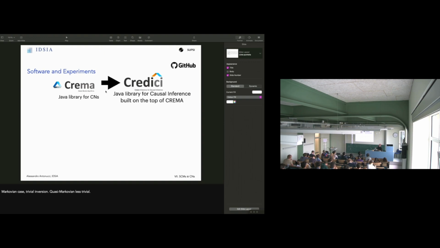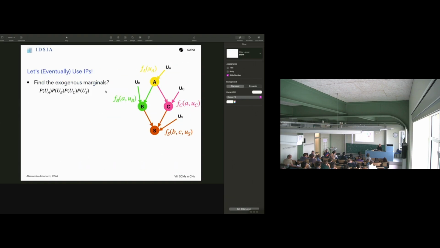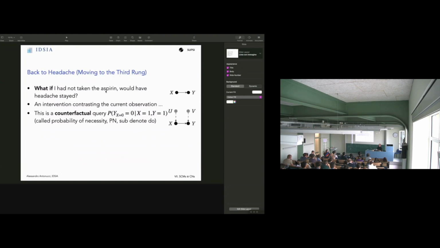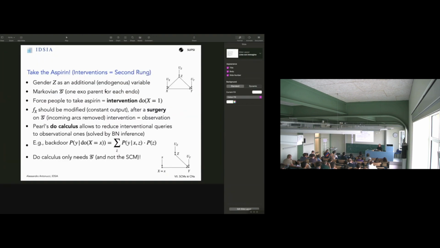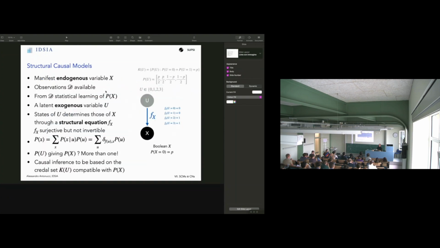And I would say it's not only the fact that we have a credal network algorithm, but also the idea that there is a set of distributions, because the mapping is not one-to-one, but one-to-many. This is my feeling, but it gives you a deeper understanding of what these causal models are.